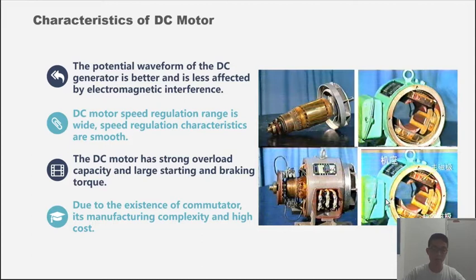Third, the DC motor has strong overload capacity and large starting and braking torque. However, due to the commutator, it has manufacturing complexity and high cost.